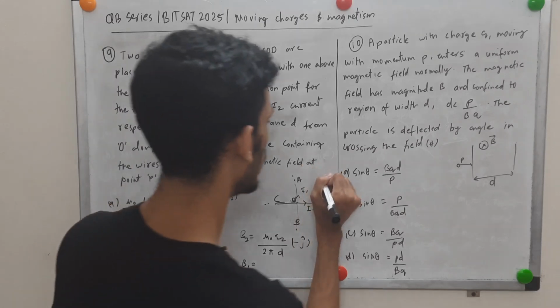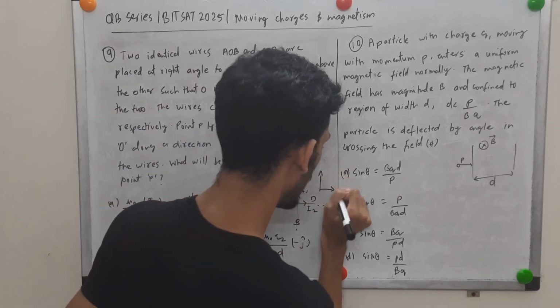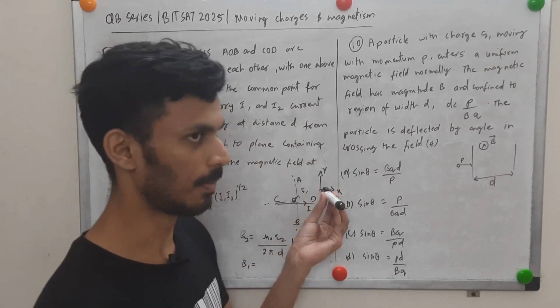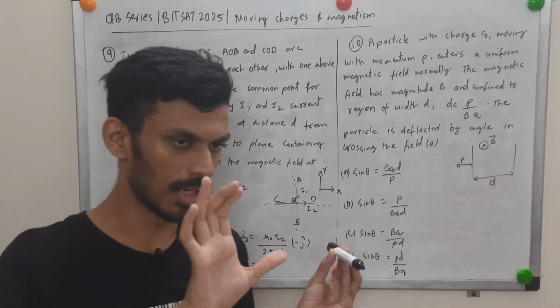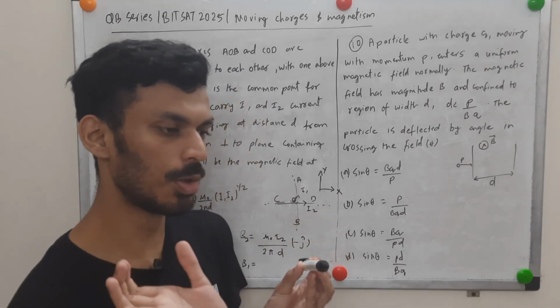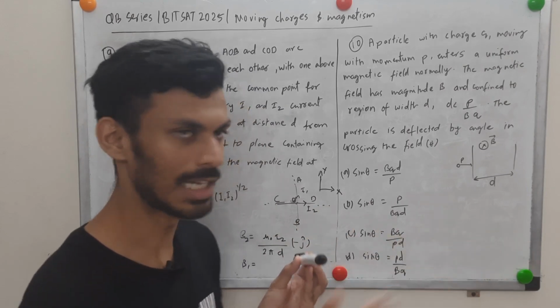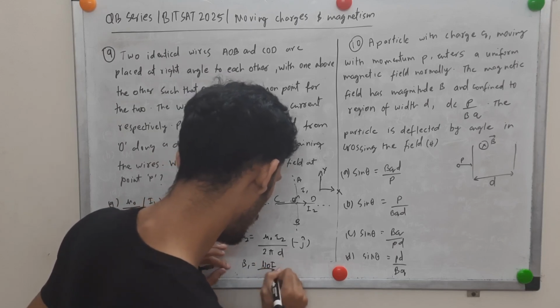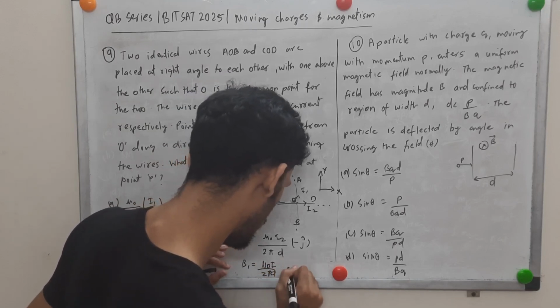I hope you are getting the idea. This is x, this is y, and the point is towards you, z. Due to this wire, it is in the downward direction, and due to this wire, mu 0 I1 upon 2 pi d is in the plus x direction.